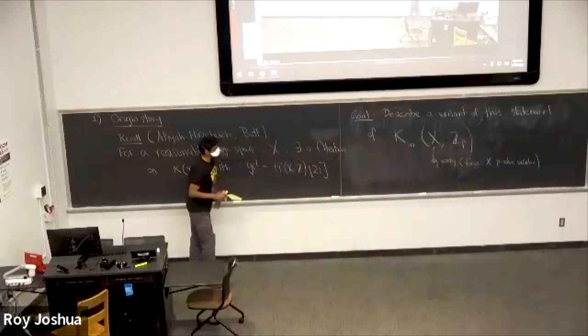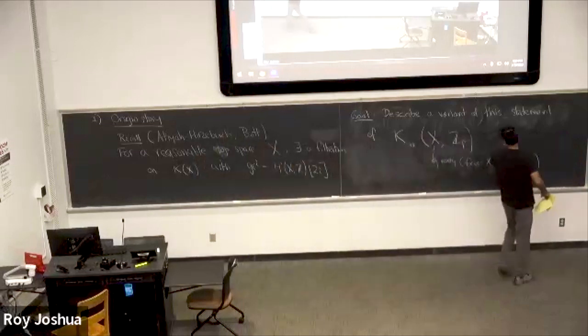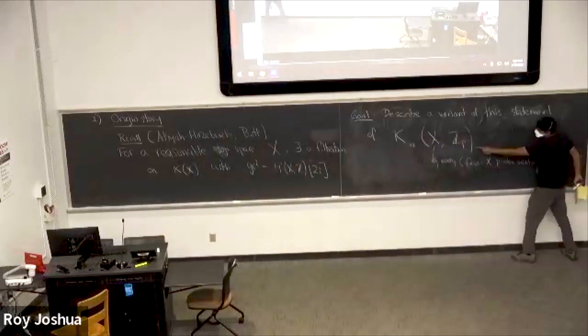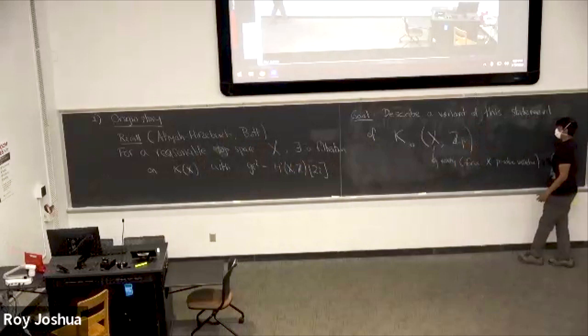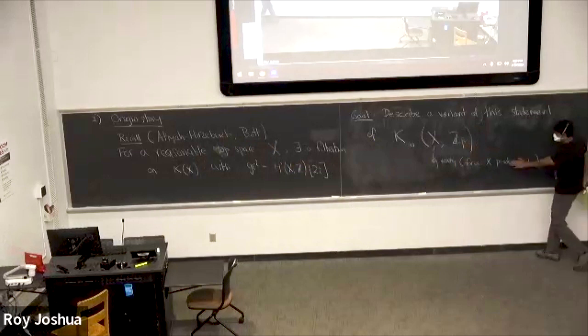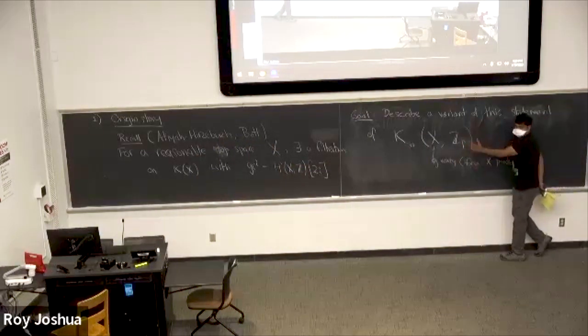And the other comment I wanted to make is, you notice that there are two appearances of p. X was a p-adic variety, and I was doing p-adic completions on K-theory, meaning I'm looking at the p-adic completion of the cohomology group. This is why the theory that I'm talking about is new. So if X was p-adic, but you were completing at a prime ℓ that was not p, this story is much more classical.